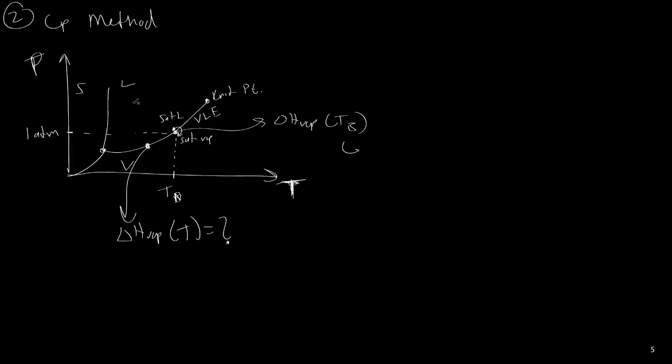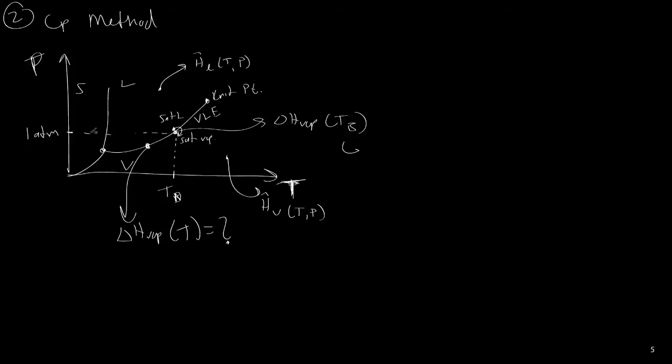At every point in space on this particular phase diagram, there is a particular enthalpy. So in this case, we would have H hat of the liquid at whatever temperature and pressure we're at. Over here, we would have H hat of the vapor at whatever temperature and pressure we're at. And so at every point you can effectively think of this as some sort of a 3D plot or a contour plot where the elevation coming off of the page or off of the computer screen corresponds to whatever the enthalpy is.